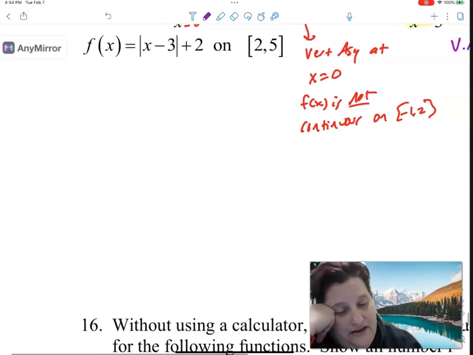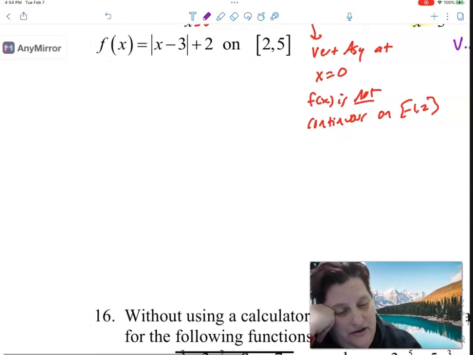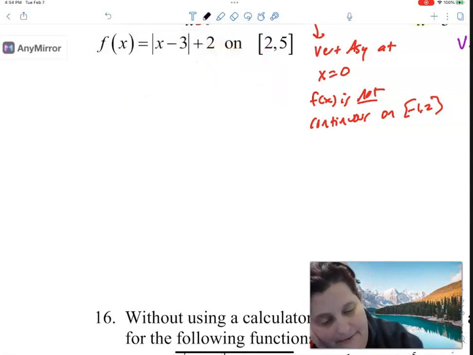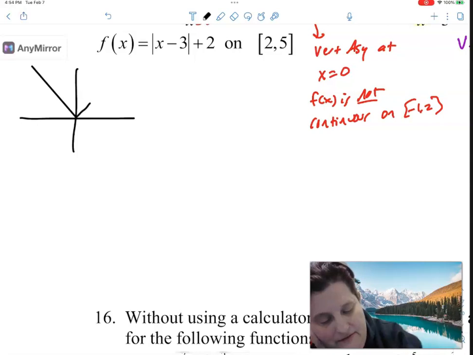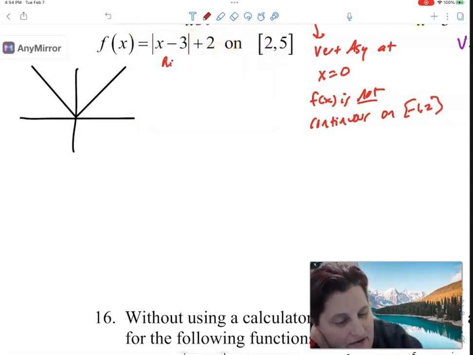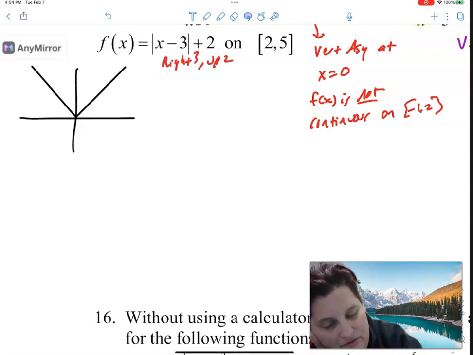For 15, you kind of have to know what this graph looks like. We know that a regular absolute value graph looks like this. Now, when I move this around, this is telling me I have to move it right 3, up 2.